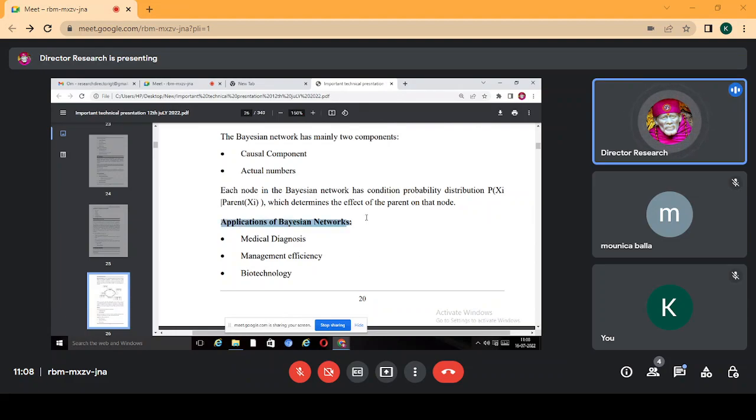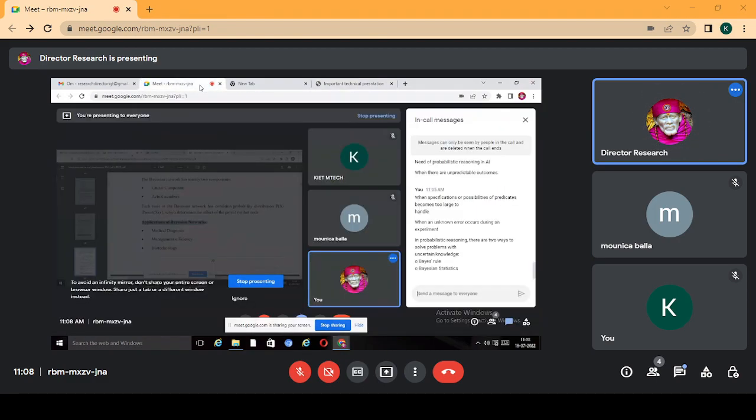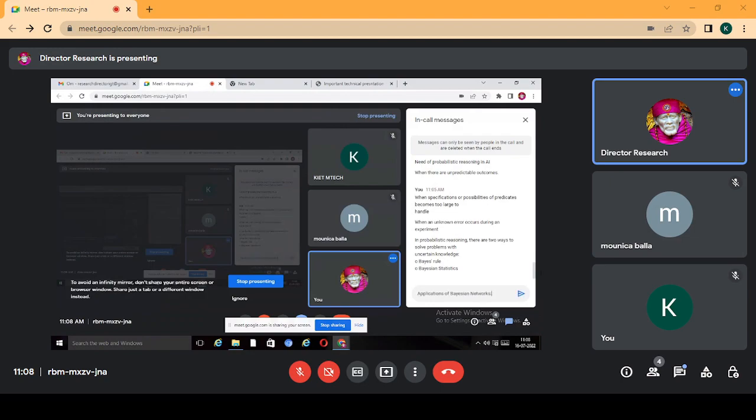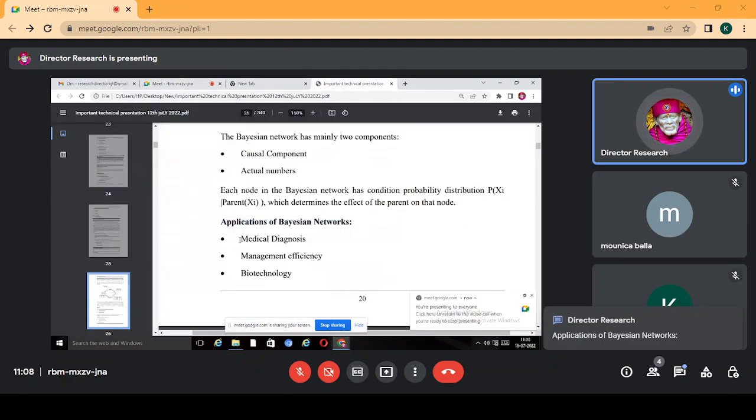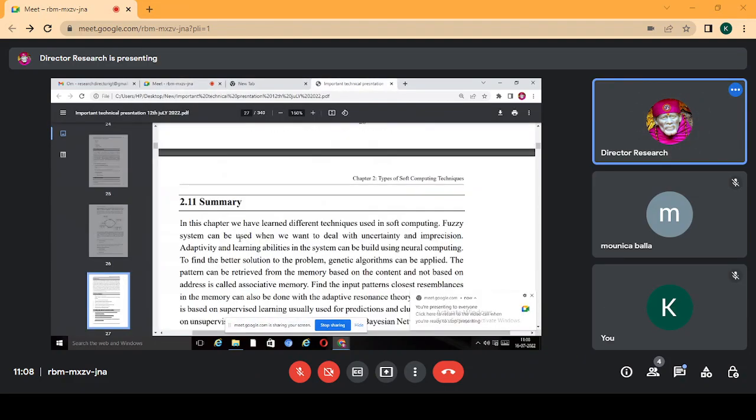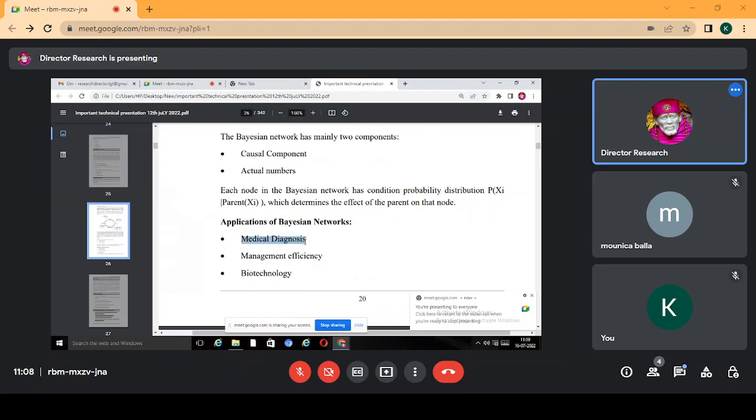This is very important: applications of Bayesian networks. The first point is medical diagnosis.